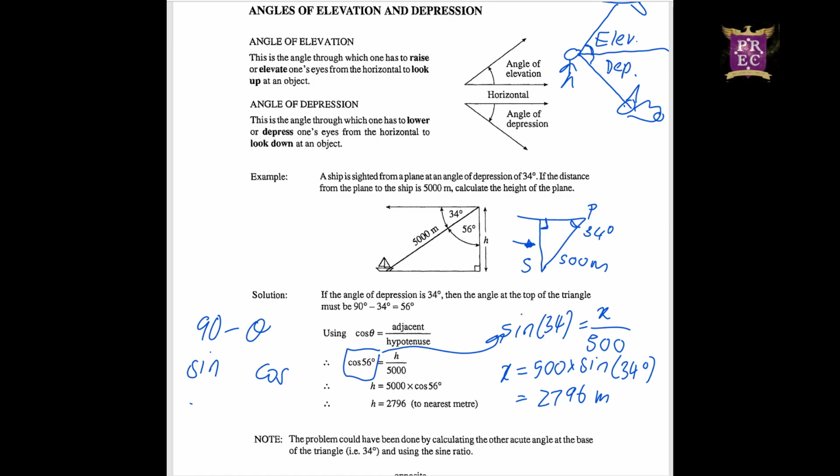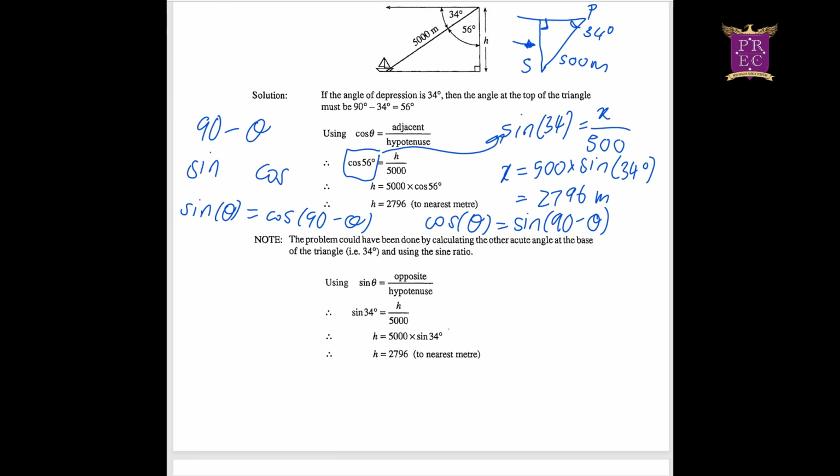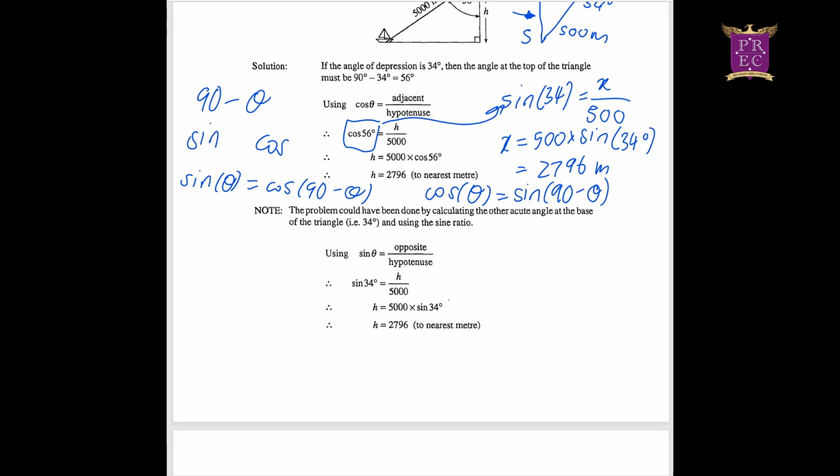Whatever sine theta's value is, it will be the same as cos of 90 minus theta, or cos theta is equal to sine of 90 minus theta. That's why you'd still get the same answer if you do it this way. Let's have a look at this. Oh, that's what they've given right here. Okay. So have a go at doing it both ways and see if you get the same answer. If you did, you've done it correctly.